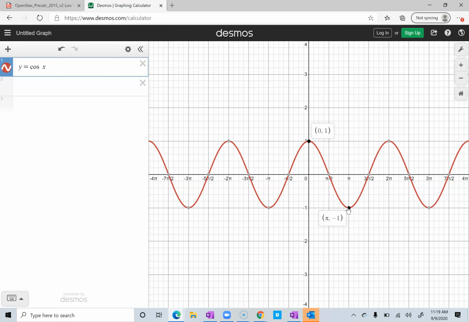So we're just going to look at just this much of the function. Well, how much is it? It's from 0 to pi. That's all we're going to look at. So when we do the inverse, it becomes a function. Each y is going to go to only one x.